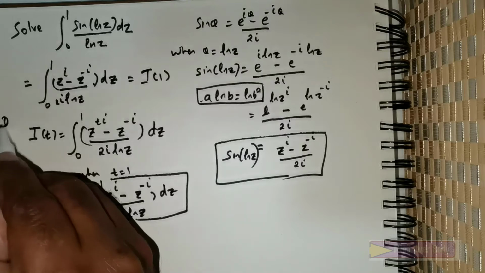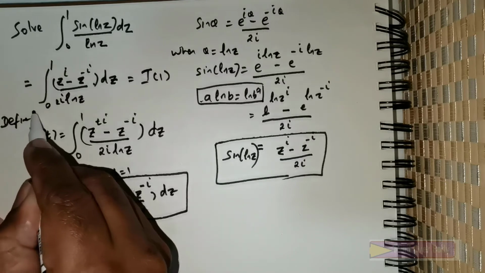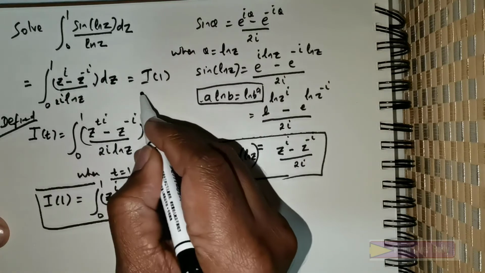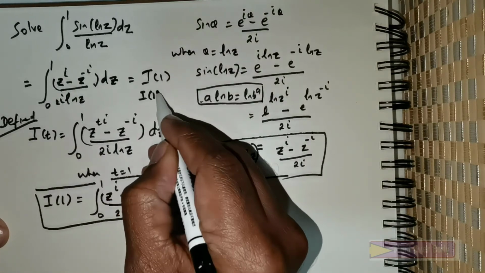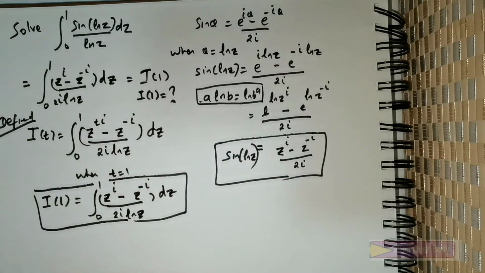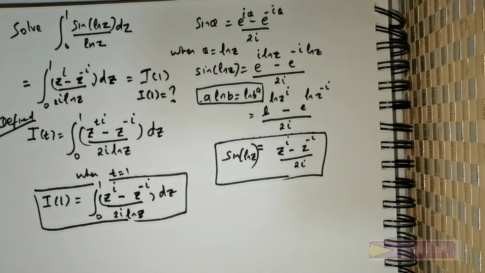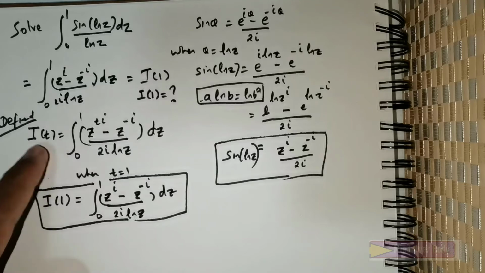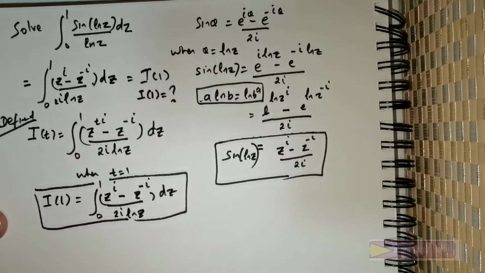So we have defined this. Now the question is, we have to find what I of 1 is equal to. If we can do that, then the solution is complete. So how are we going to do that? We are going to do that from the function which we have defined.